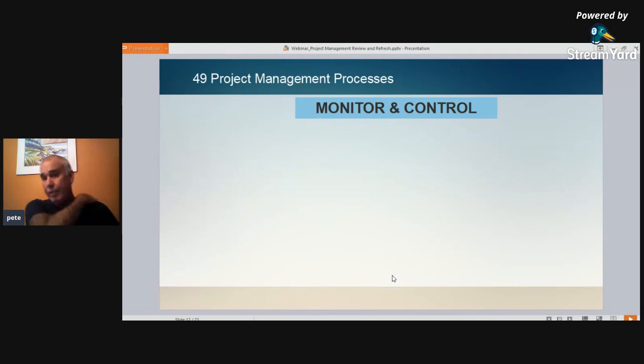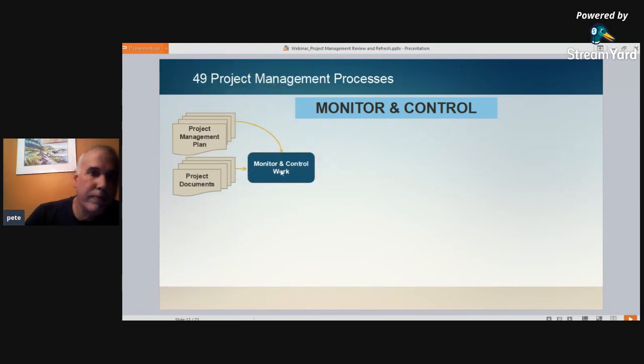Monitoring and controlling. Again, we want to monitor and control the project work. We're bringing in our project management plan. We're bringing in our project documents. And we want to determine, through analysis, data analysis, variance analysis, trend analysis, right?